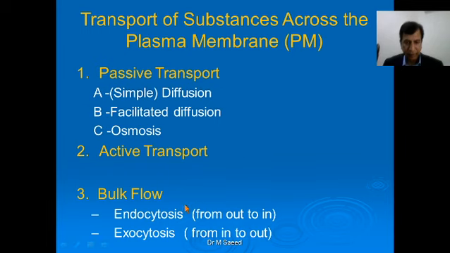When something is going to be moved into the cell, it is called endocytosis. It is endocytosis, from out to into the cell. And when something has to be exported from the cell out, that is exocytosis.